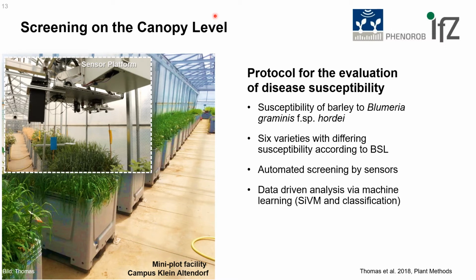Then we observed the development of the characteristic powdery mildew pustules and screened it with an automated sensor platform. This automated sensor platform was equipped with a hyperspectral camera and an illumination system to obtain time series data with high quality.